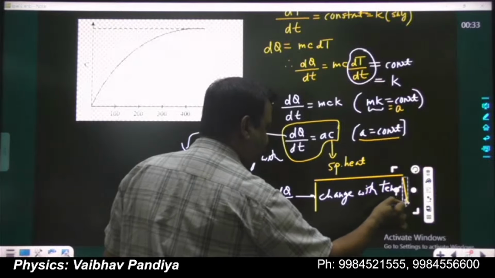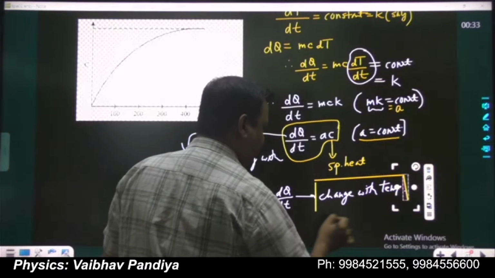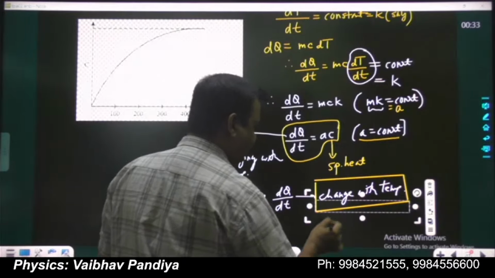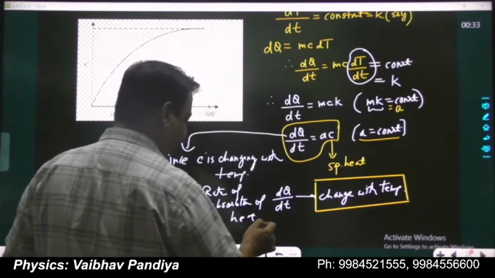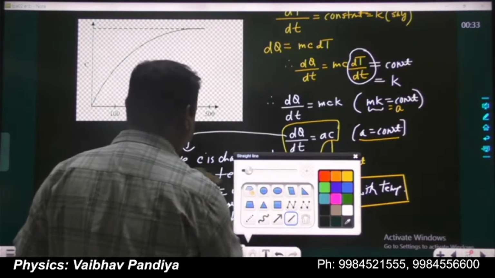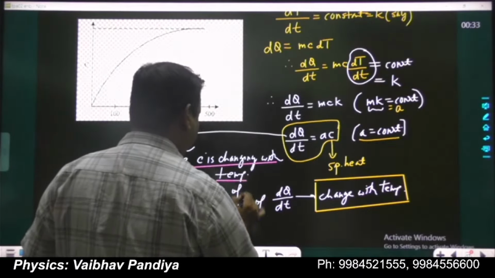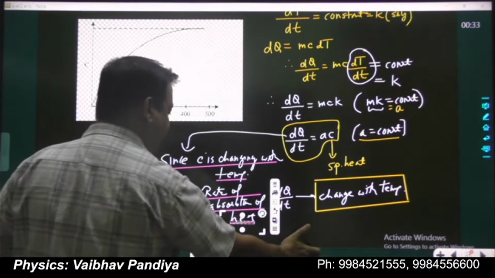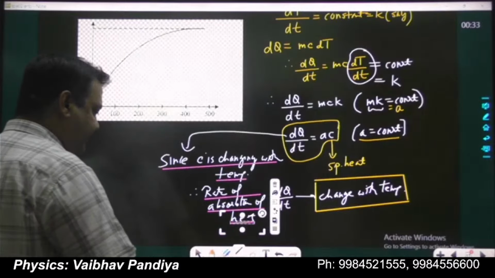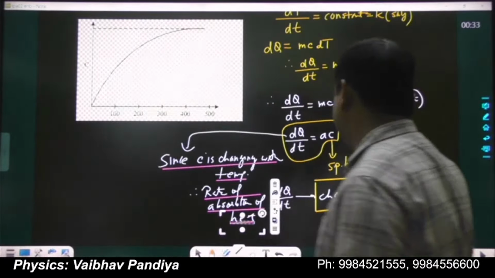So you can surely say that the rate of absorption of heat is directly proportional to C. So if C is changing with temperature, surely the rate of absorption of heat will also change with temperature in the same manner as C is changing. Now let's see the options.